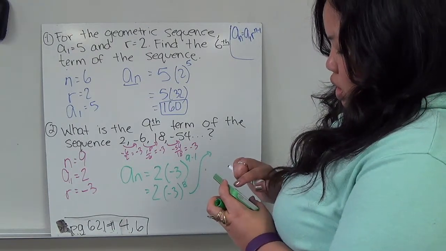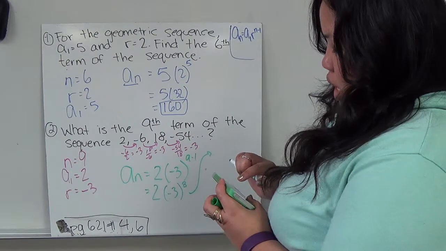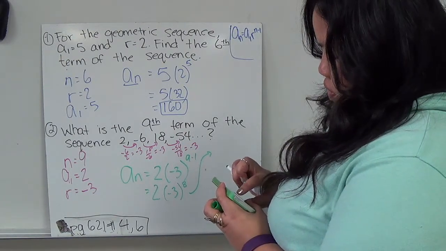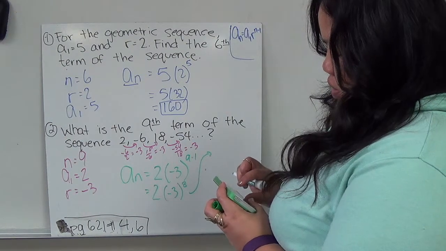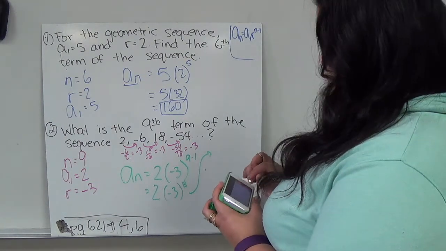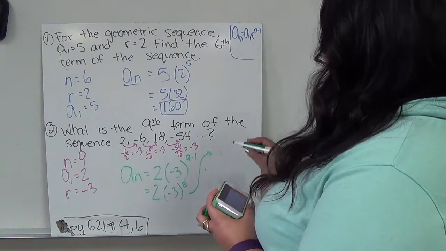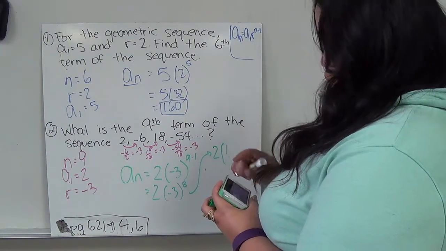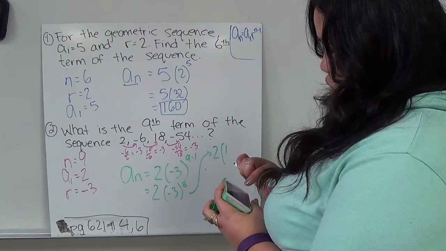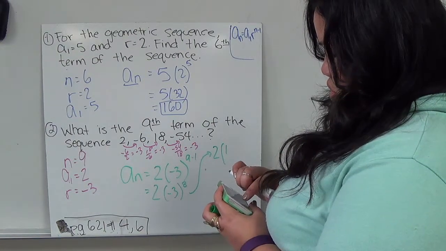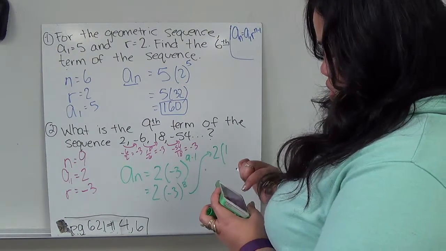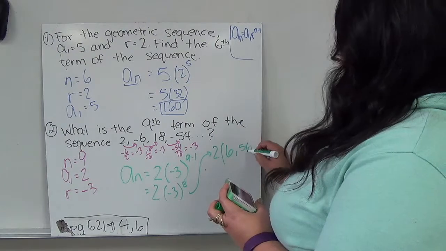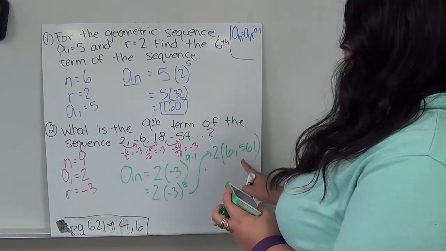So parentheses negative 3, to the power of 8, which gives me 6,561. Positive, right?